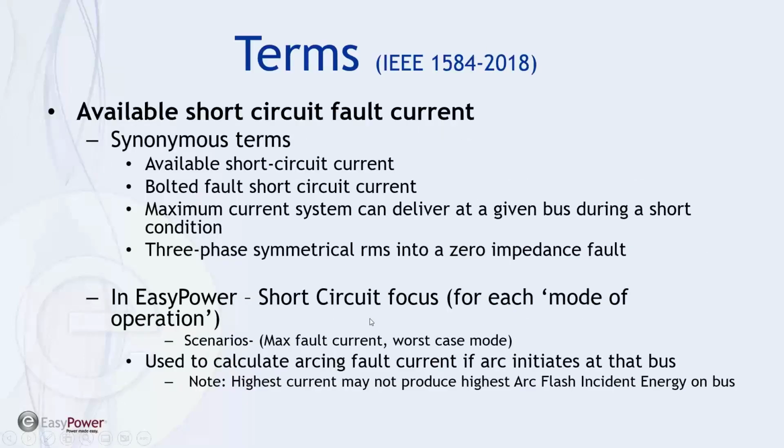Some other terms, again, the available short circuit current is the three-phase maximum current that will occur at any bus during a shorted fault or a zero impedance fault. And so that's the basis, frankly, for the whole 1584 model. Now, ironically, what sets it apart from the Ralph-Lee equations is that Ralph-Lee doesn't use the arcing current in his calculations.